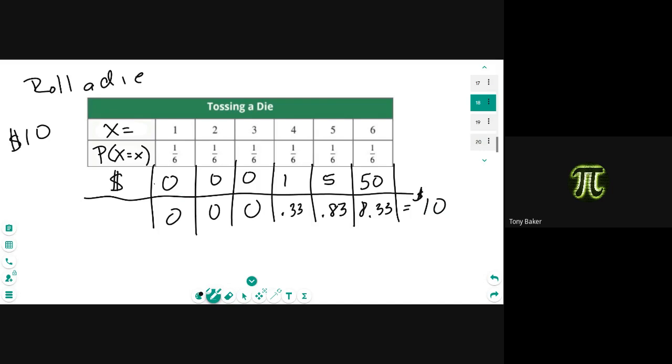But now, every time you play, I'm walking away with 50 cents, in essence.